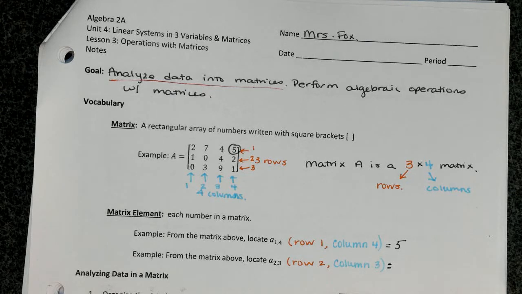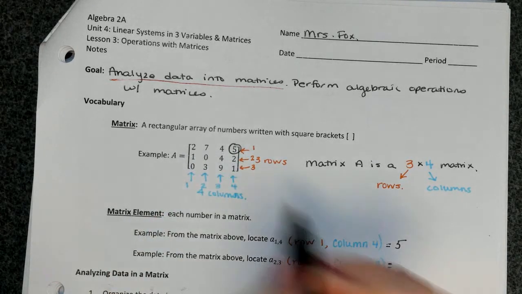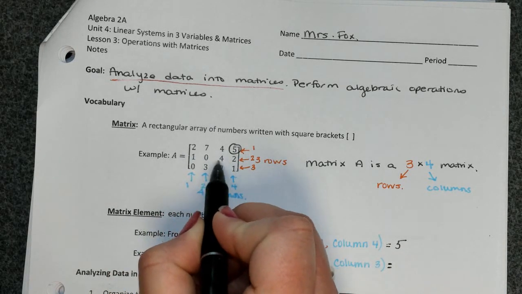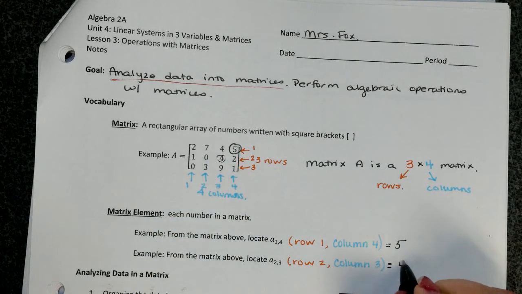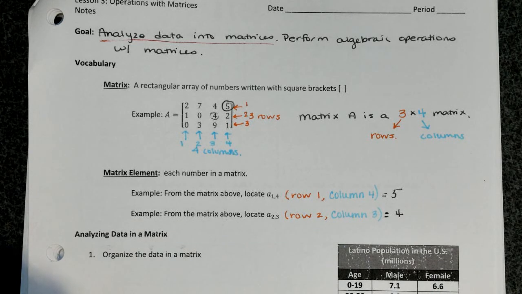What number is there? 4 should be there, yes. So we are in row 2, so the middle row, column 3, 1, 2, 3. It's this 4 right here. Okay.